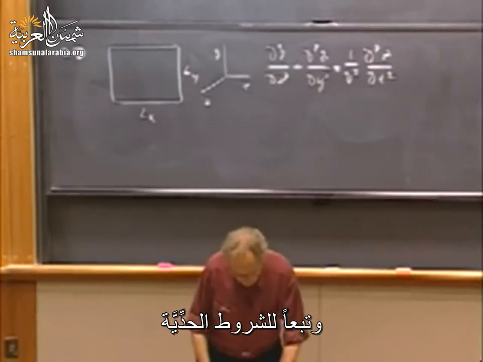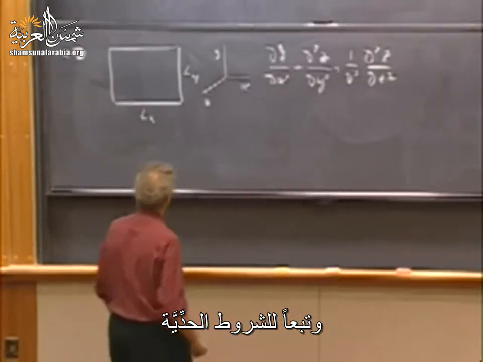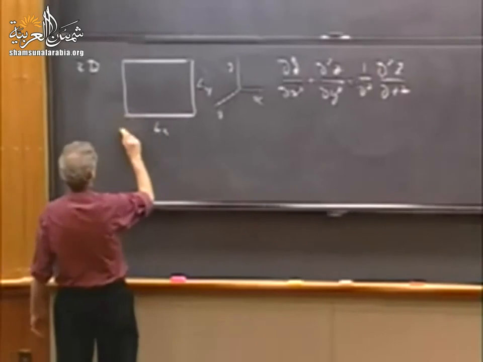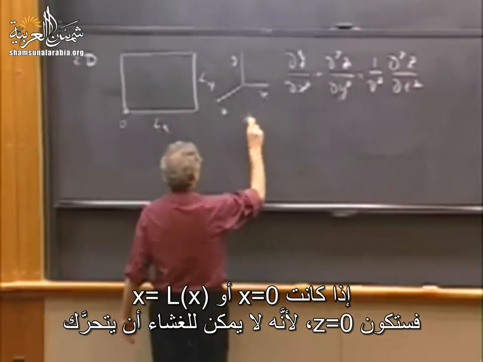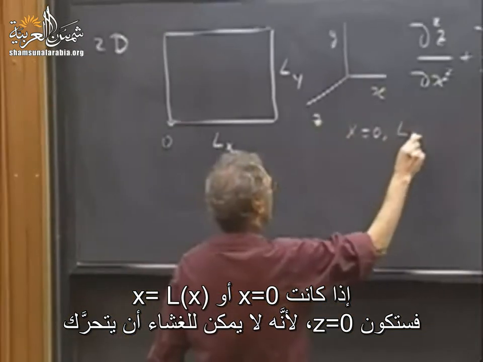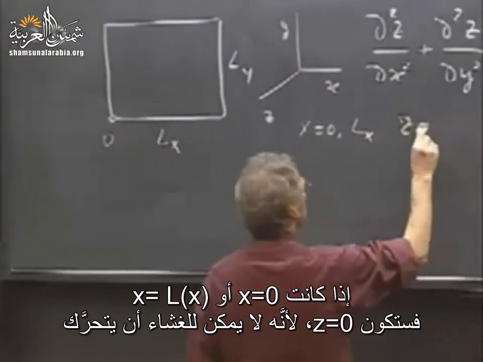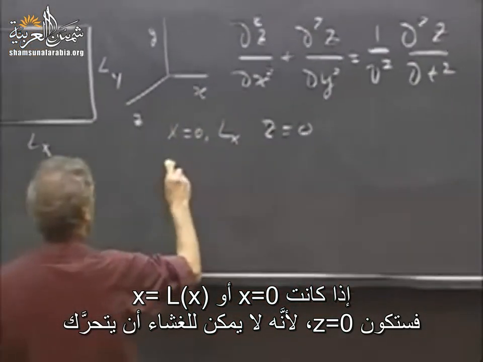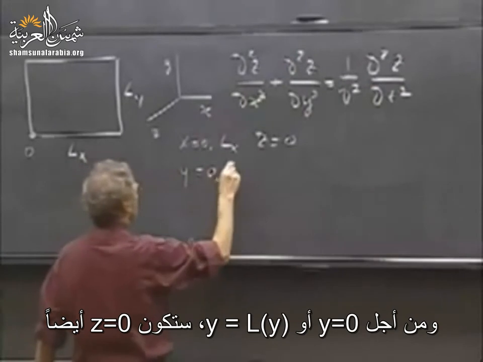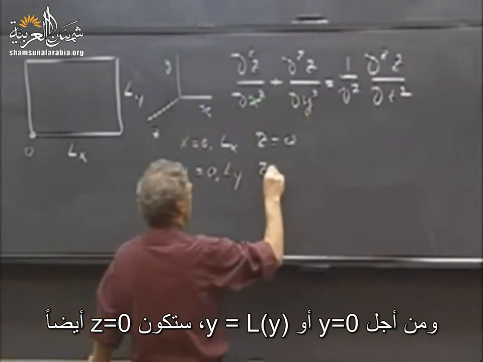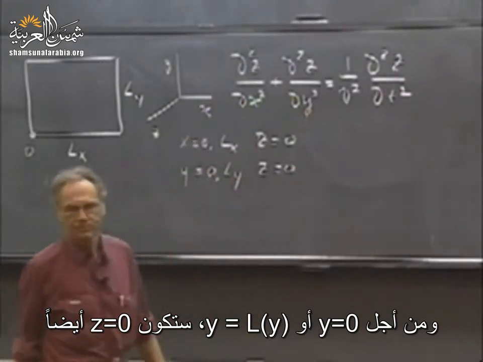And when you put in your boundary conditions, for x equals 0 and for x equals Lx, you want z to be 0 because the membrane cannot move, and for y equals 0 and for y equals Ly, you also want z to be 0.